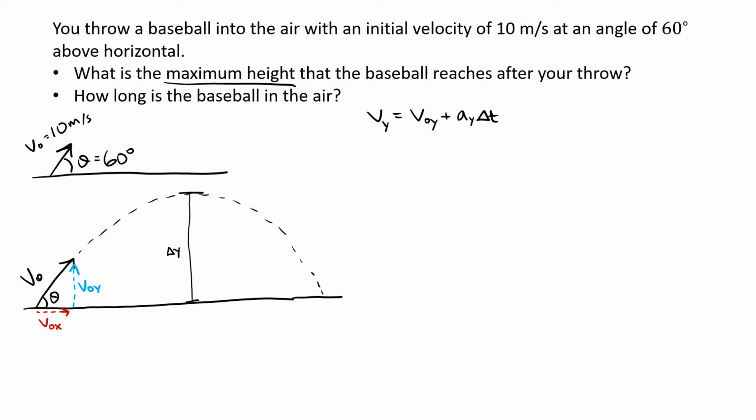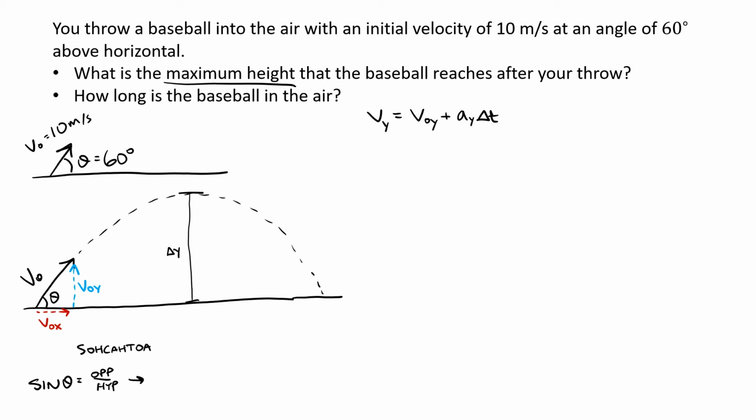If this hypotenuse is 10 and the angle is 60, we are going to use the trigonometry review from earlier. We want the value of the blue side of this triangle.